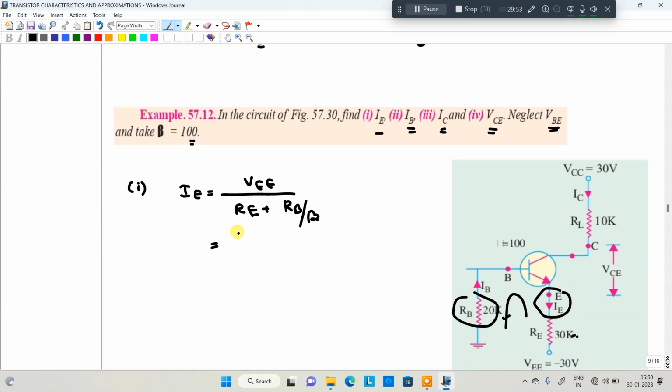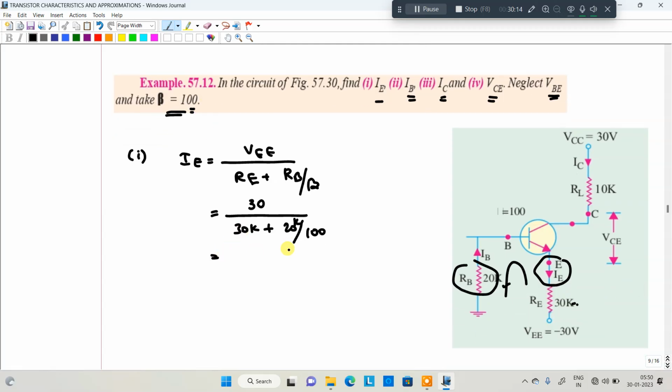So finally VEE, that is 30, divided by RE, which is 30K, plus RB, base resistance 20K, divided by beta. What is the beta value? It is given as 100. Beta is mentioned as 100 in this problem. So finally we get an IE value of 1 milliampere approximately.